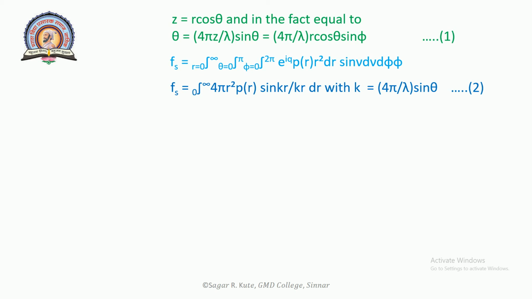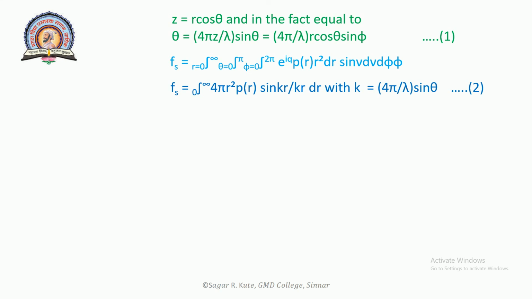This will be equation number 2. We note that the integration of 4 pi r squared rho(r) dr is equal to the total number of electrons Z in the atom. Hence the atomic form factor is equal to Z only for theta equal to 0.